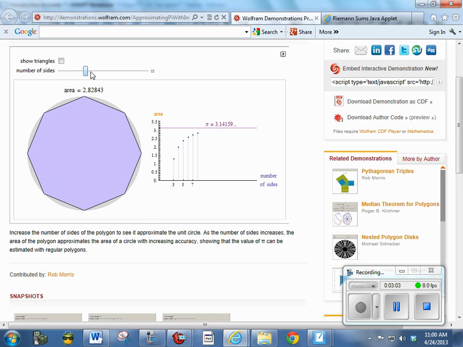Now we have, I'm not sure how many sides, 8, 9 sides maybe. Each time we increase our number of sides, we're getting closer and closer to the true area of the circle. I think this goes up to 20 sides altogether.